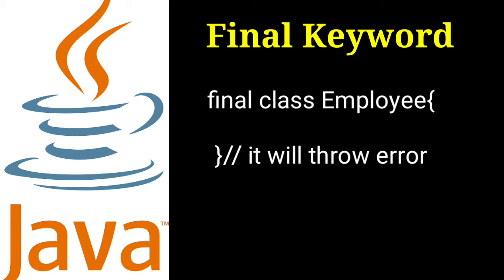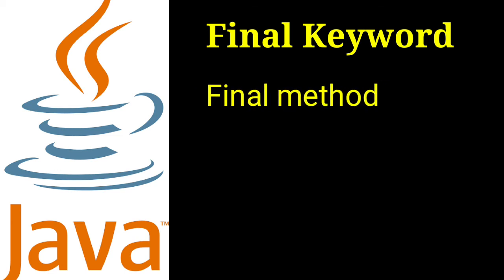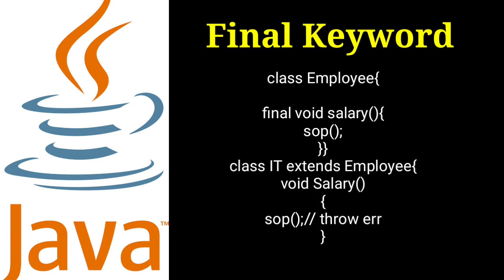Another example is a final method. Whenever you declare a method as final, it cannot be overridden. Here I am taking a method, and I am overriding the final method.